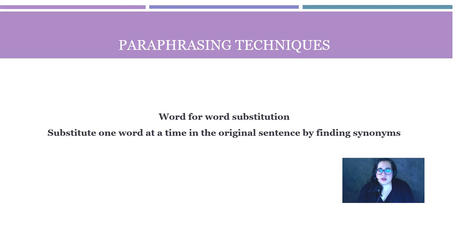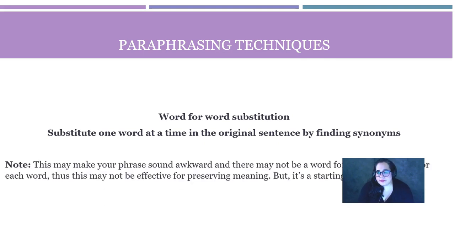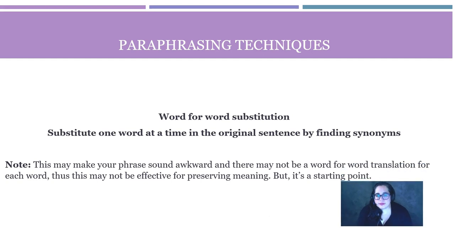The next technique that your book mentions is word for word substitution, substituting one word each time in the original sentence by finding synonyms. Now, with this technique, it's important to note it may make your paraphrase sound awkward, and there isn't always a word for word translation.